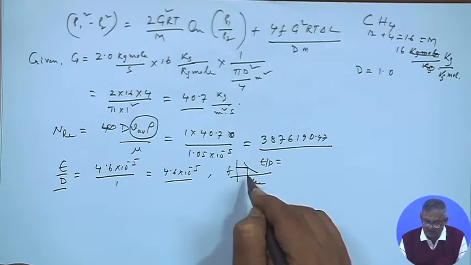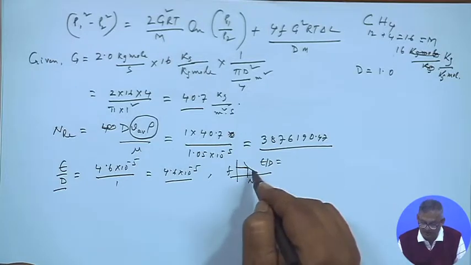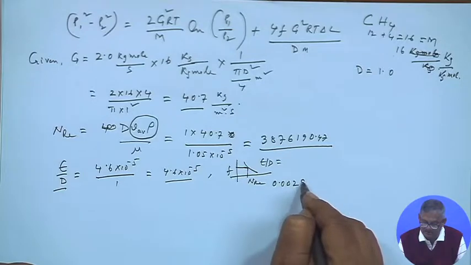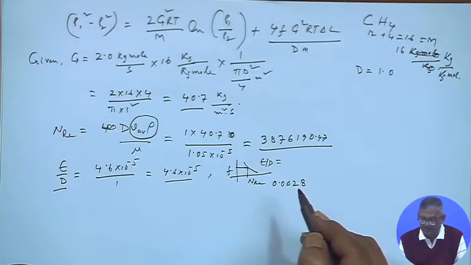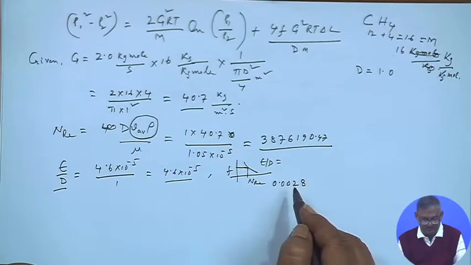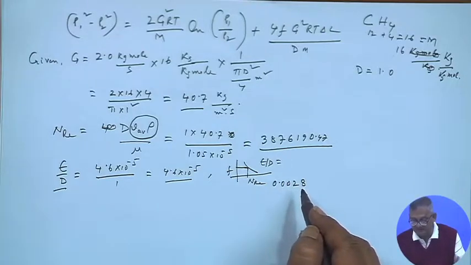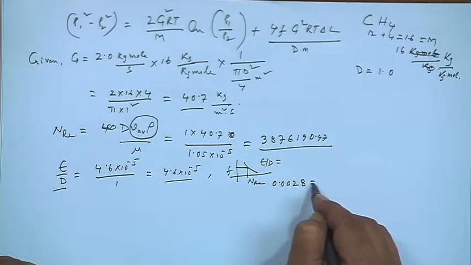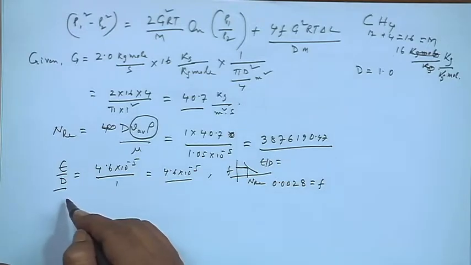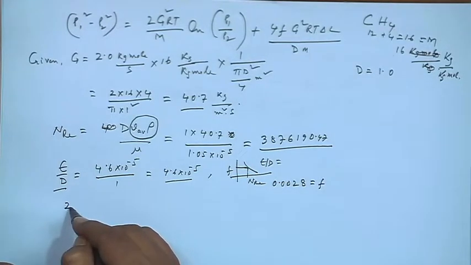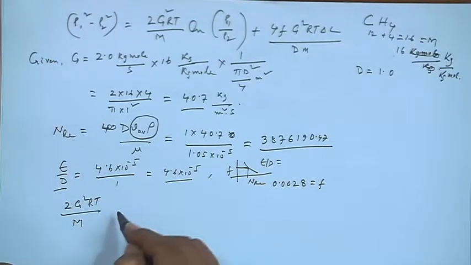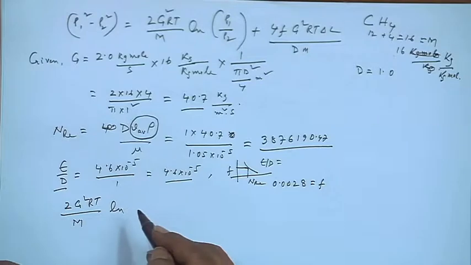And this value of f we assume now to be seen as 0.0028, right? So if we assume that the value of f is 0.0028, then we can substitute f. So we can substitute in this 2G square RT by M of ln P1 by P2.